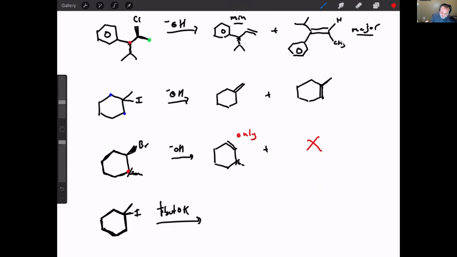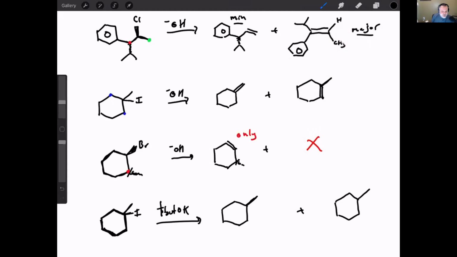All right, and that leaves us with the last problem, with the tertiary butoxide. Remember that the tertiary butoxide is a bulky base. In this case, we have more than one beta hydrogen, so we don't have to worry about doing a conformational analysis. Both of the products will form.